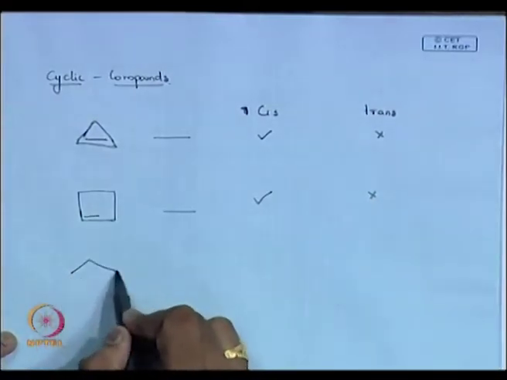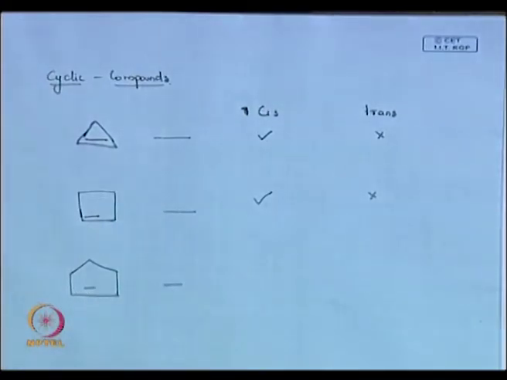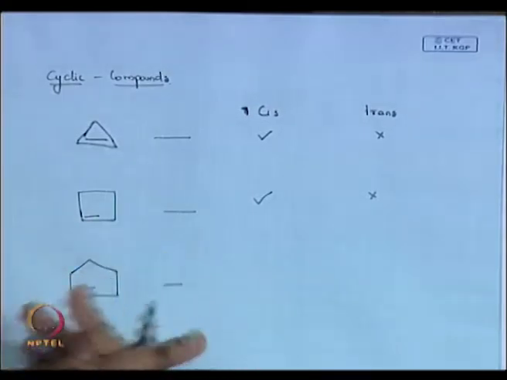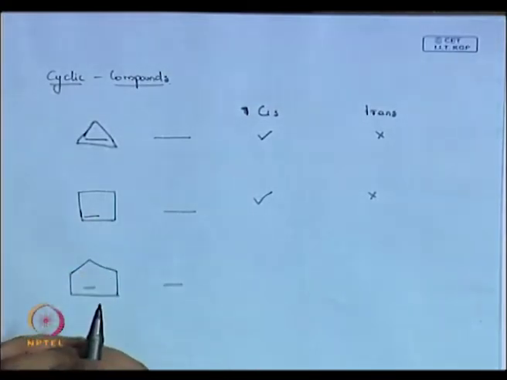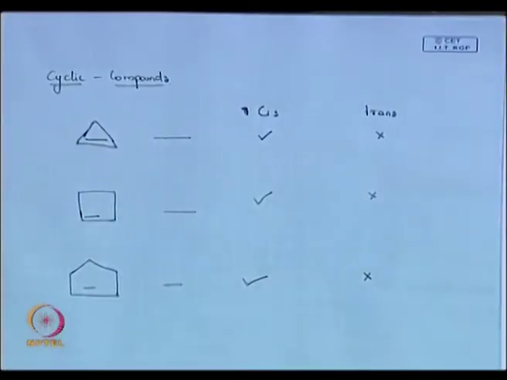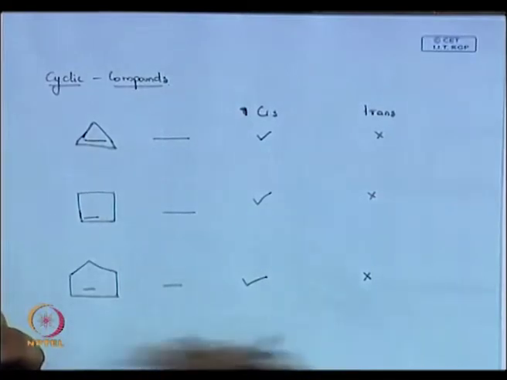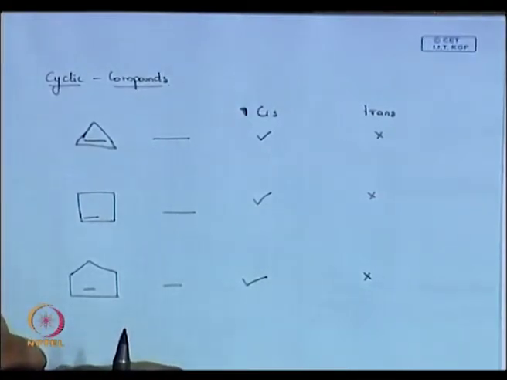Cyclopentane. We are coming near to the borderline. No trans by photochemistry. What I feel is that there is no trans in photochemistry.